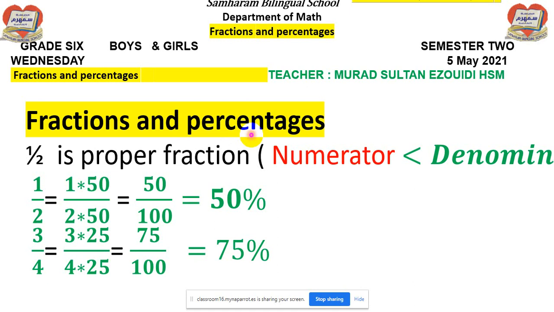First of all, what is a fraction, my daughters? A fraction can be a proper fraction, like that, when the numerator value is less than the denominator value, or it can be an improper fraction. Improper fraction means the value of the numerator is more than the value of the denominator.